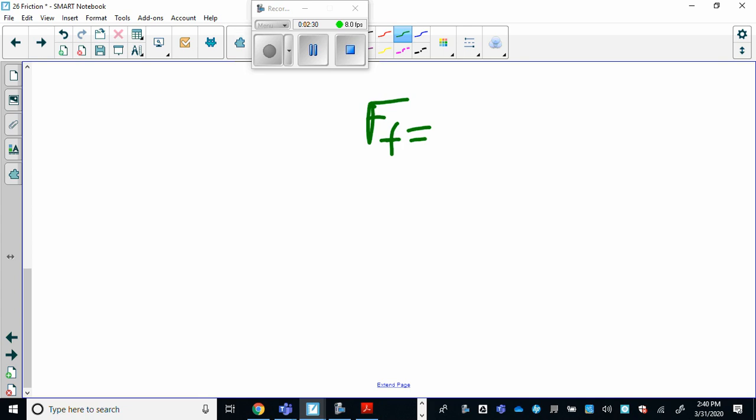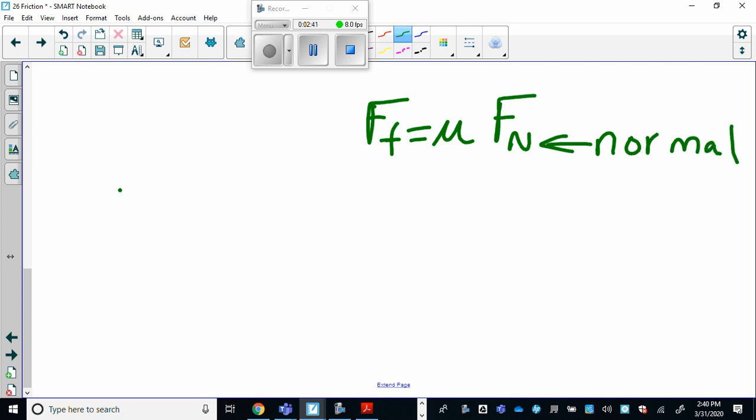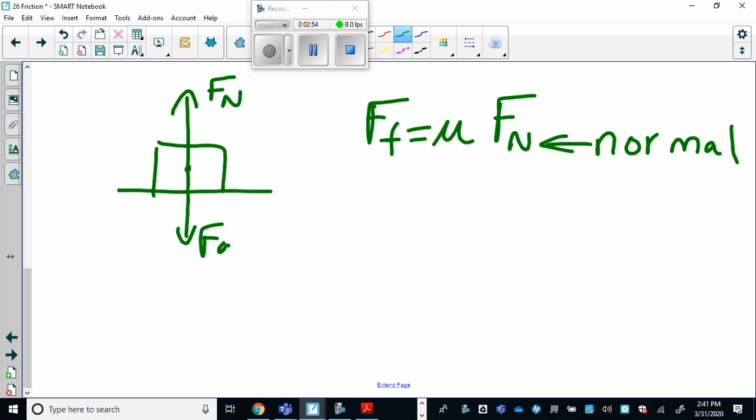Force of friction, F, equals mu times Fn. And a reminder that Fn is the normal force. If I have, let's say, a box resting on the ground, the normal force is up, and what is down is gravity.